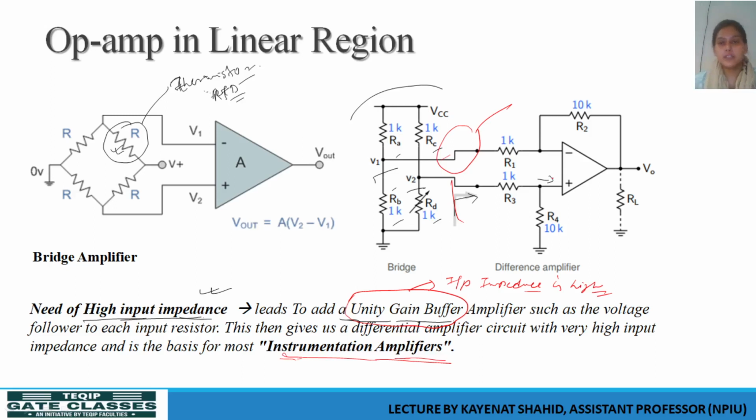But due to the certain circuitry that we are connecting to the difference amplifier, the input impedance of the circuit may get compromised, and to have control over the input impedance, to have that high input impedance, we can make some connection in between the stages, like if this is the last stage, this is the first stage, then in the middle stage we can connect a high input impedance configuration of the operational amplifier, which we have already discussed, that is a kind of unity gain buffer.